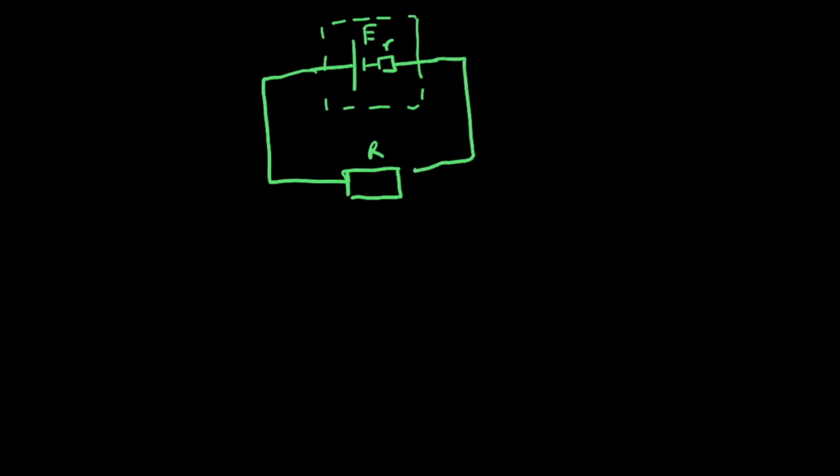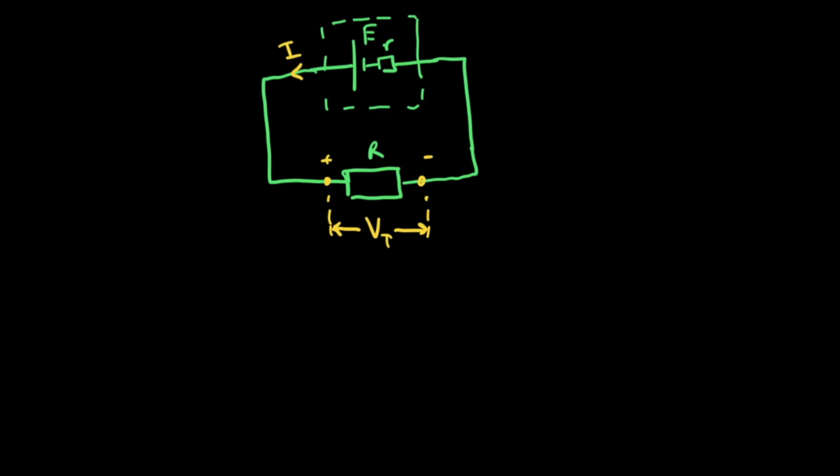And there is a current in our circuit going from the positive terminal to the negative terminal, and you know that this voltage is called terminal voltage because it's the voltage at the terminals of the battery, right?